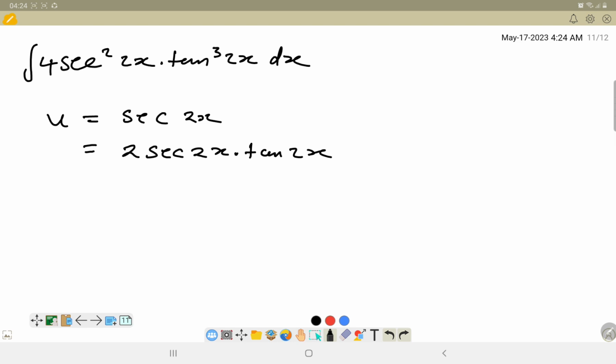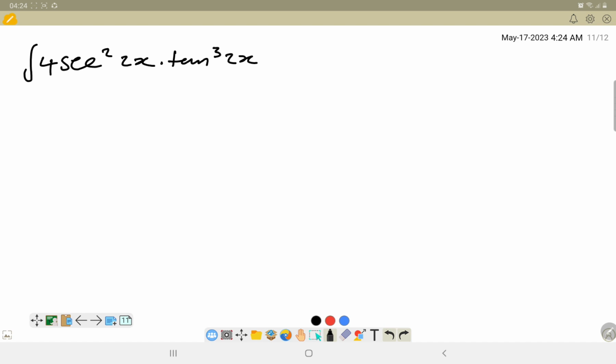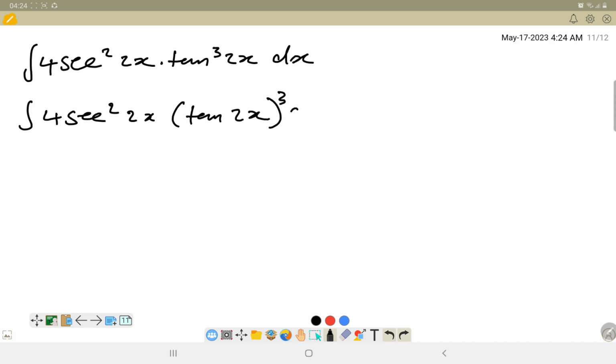So this will not lead to the answer. So we are going to take our u as tan 2x. This one we can rewrite as tan 2x to the power 3 dx.